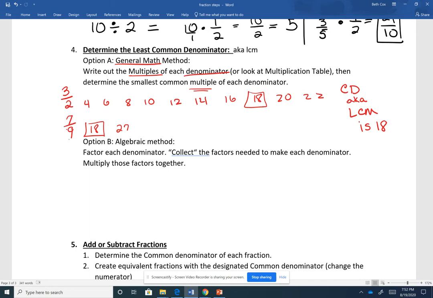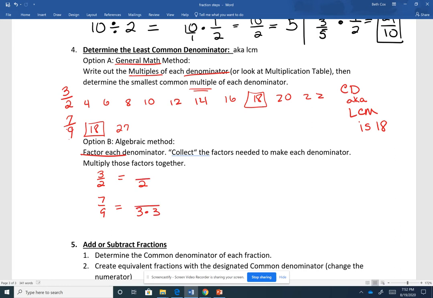Now, that's not the algebraic method, and some people like that method better. It just depends. You could get some really long problems, or you could do something like this: factor each denominator. Well, this one factors into 2 times 1, or just 2. And this one factors into 3 times 3.